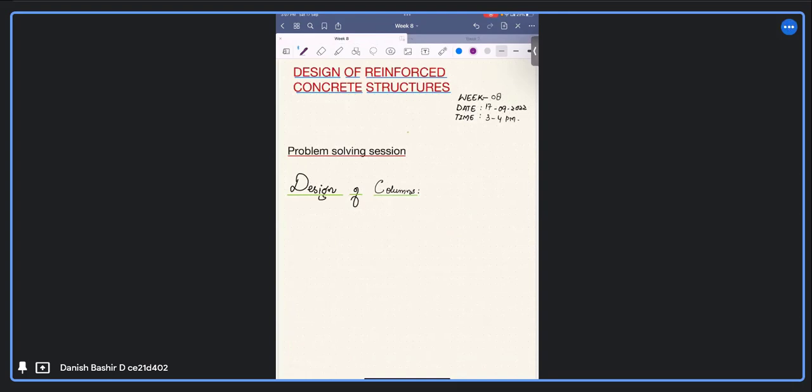There can be uniaxial bending. Uniaxial bending is like this. For example, if we have a column section like this, it has one major axis like this, and another axis like this.